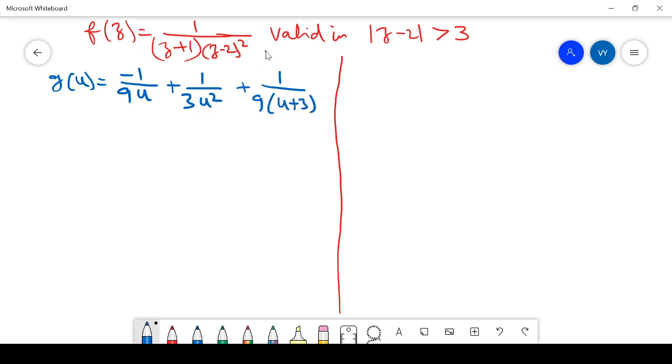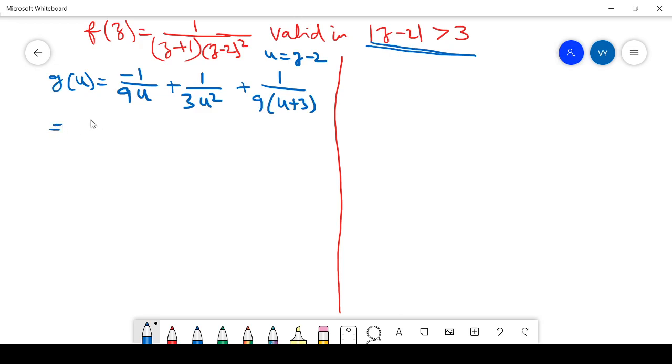Of course here we assume u is equal to z minus 2. So I have taken this from the second part. But here the region of validity is different. In the previous case it was mod z minus 2 less than 3, whereas in this part it is mod z minus 2 greater than 3.